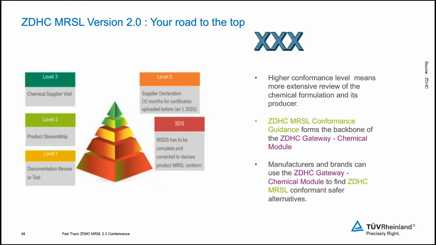So demonstrating that they have, for example, appropriate wastewater treatment and waste handling procedures in place, as well as a commitment to workers' health and safety. On top, level 3 requires all elements of level 2 and an on-site audit of the chemical supplier factory to evaluate the product stewardship firsthand.